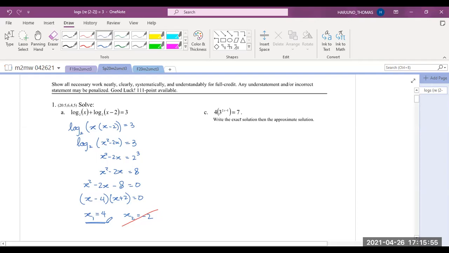Now for part C, this is 4 times 3 to the 2x minus 1 equals to 7 divided by 4. And apply log base 3. I will add 1 and then divide it by 2.